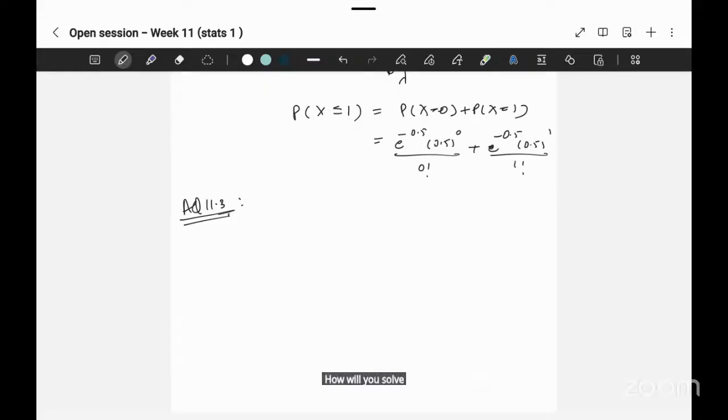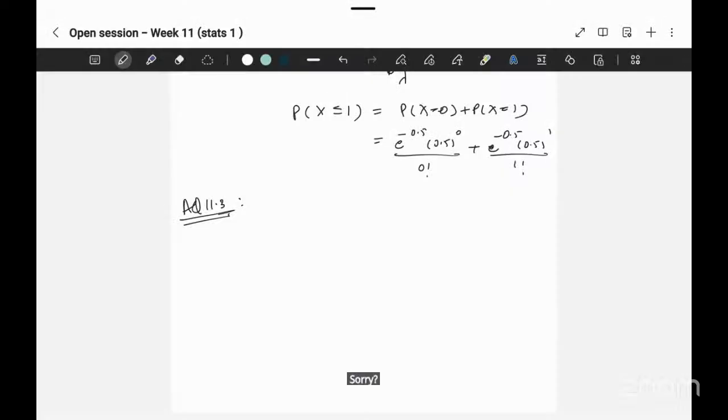How will you solve this question? Any ideas? Is it the formula for the binomial?